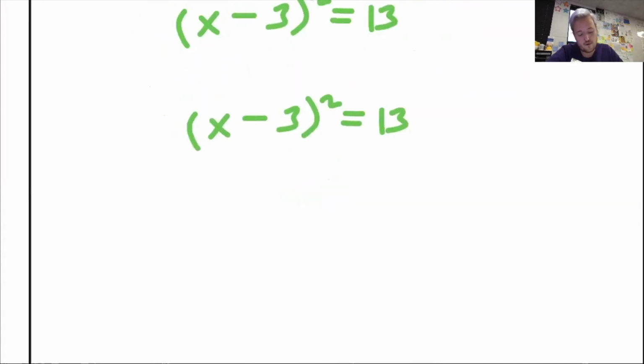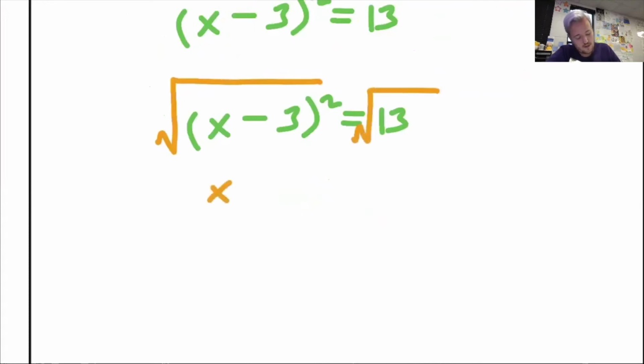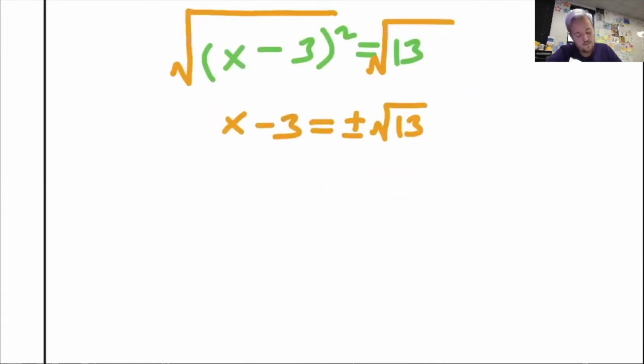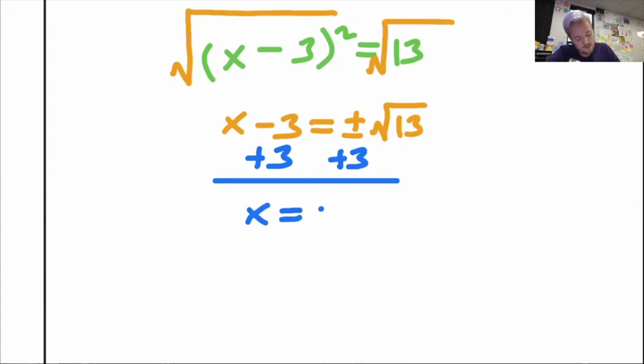So now I'm going to take the square root of both sides. So I'm going to have x minus 3 equals plus or minus the square root of 13. And then I'm going to add that 3 on both sides. So we're going to have x equals 3 plus or minus the square root of 13.